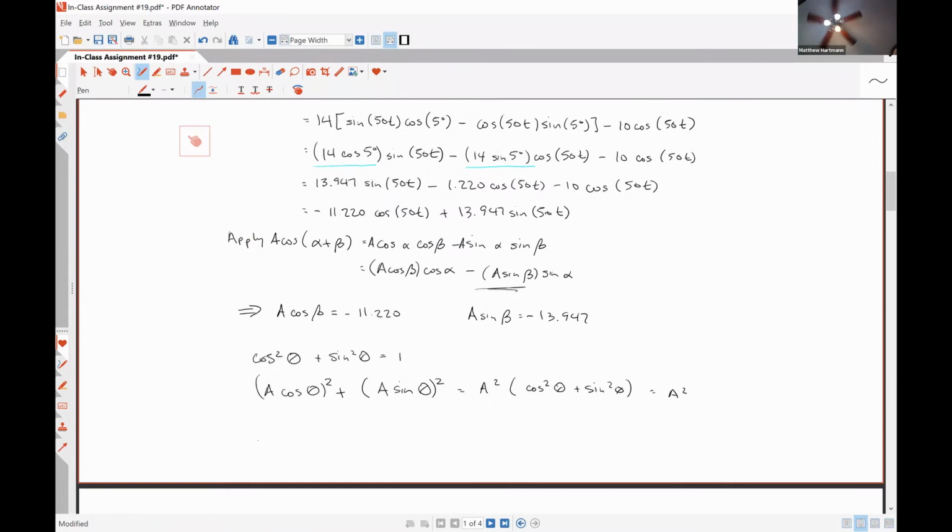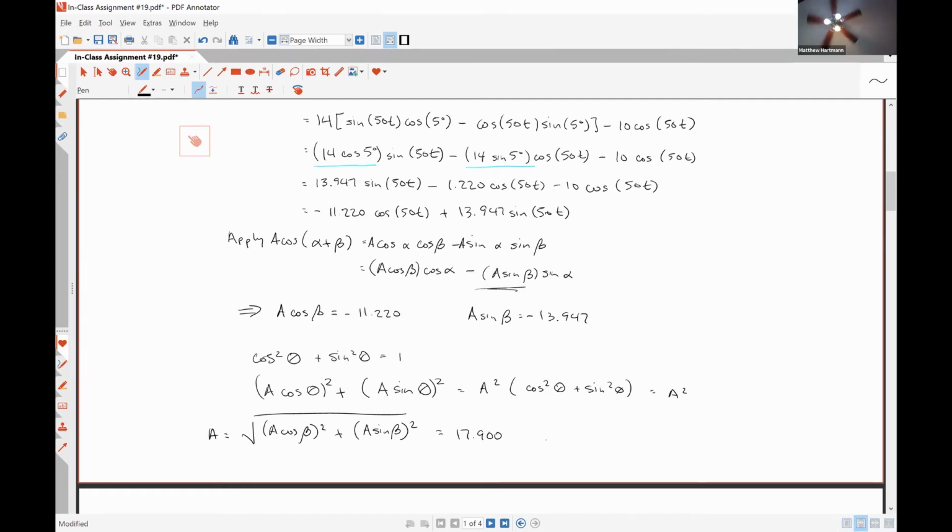I can say that a is going to be equal to the square root of a cosine beta squared plus a sine beta squared, which gives me 17.900.